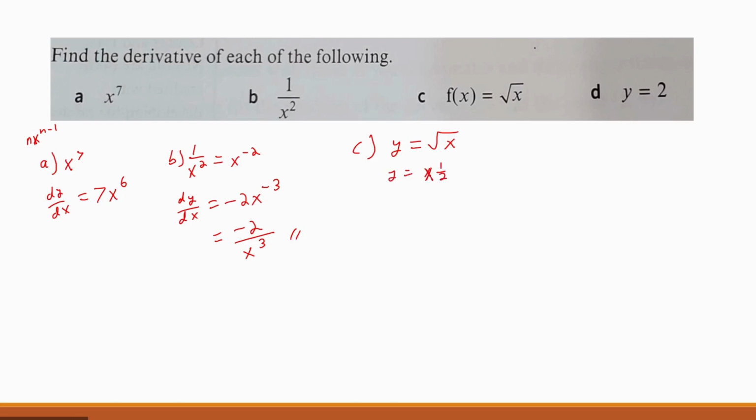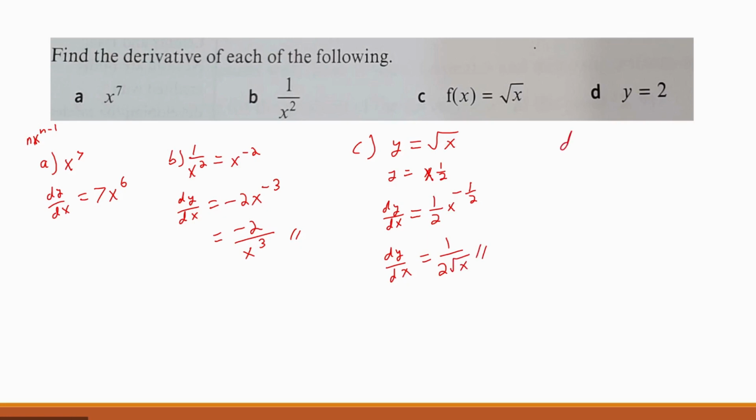Now moving on, dy over dx, or y dot, is equal to 1 over 2 x raised to the power of 1 over 2 minus 1, which will give you minus 1 over 2. So what this means is you can take it down and write it as 1 over 2 square root x. So this is what it will become.